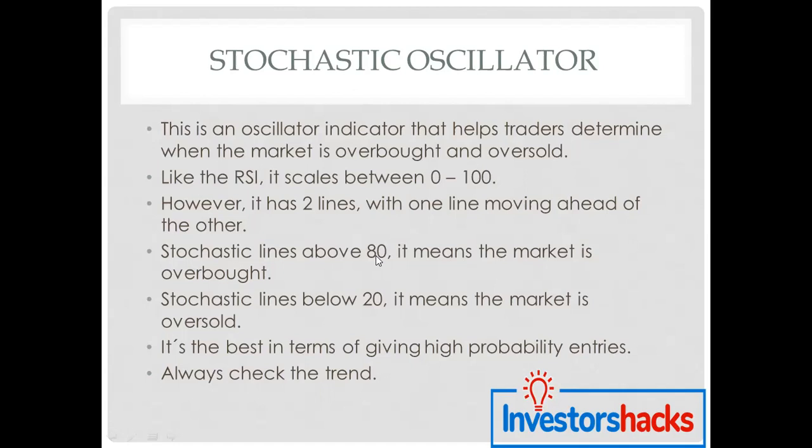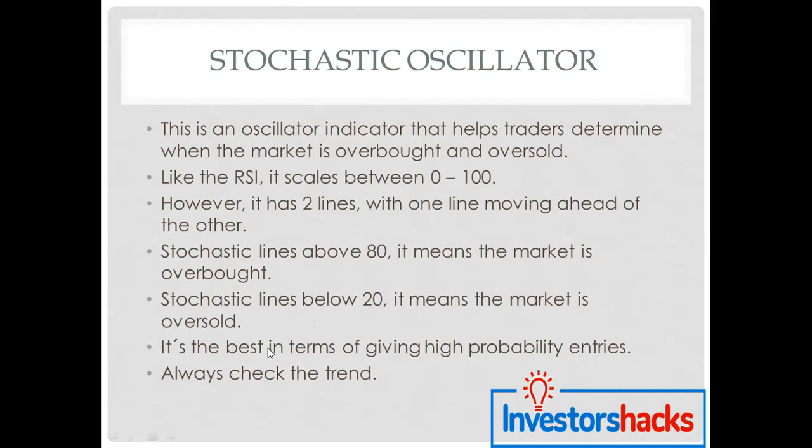entries, whereby you'll consider other aspects or other strategies or other indicators as well to ensure that you take a high probability trade. What I mean is that you don't just sell when the market hits the 80 mark, or you just don't buy when the stochastic hits the 20 mark, okay? You have to confirm with other indicators or maybe price action that indeed what you're taking is a high probability trade.